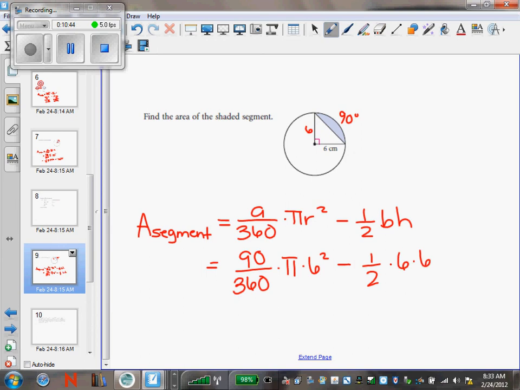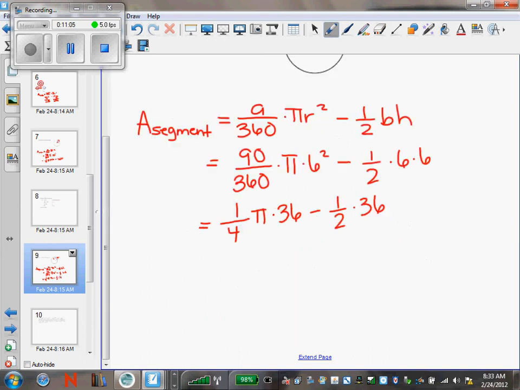So let's simplify that. So 90 over 360 is 1/4. 6 squared is 36, minus 1/2 times 36. So 1/4 of 36 is 9 pi, minus 1/2 of 36, which is 18. In this case, it was centimeters squared.